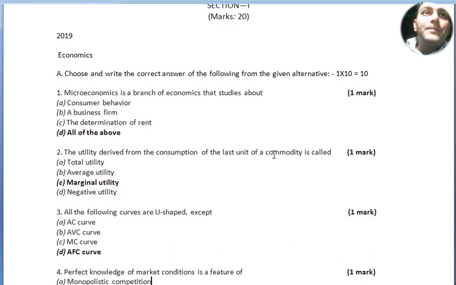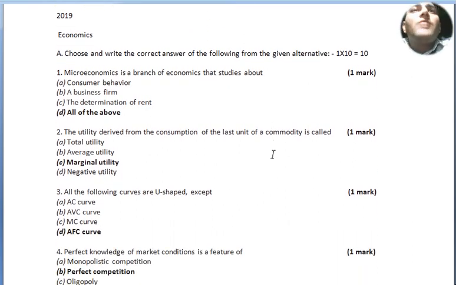Question number 3. All the following curves are U-shaped except: average cost curve, average variable cost curve, marginal cost curve, and average fixed cost curve. The first 3 options are U-shaped. Only the average fixed cost curve is horizontal, parallel to the x-axis, a straight line, so it is not U-shaped. So the answer is the AFC curve.